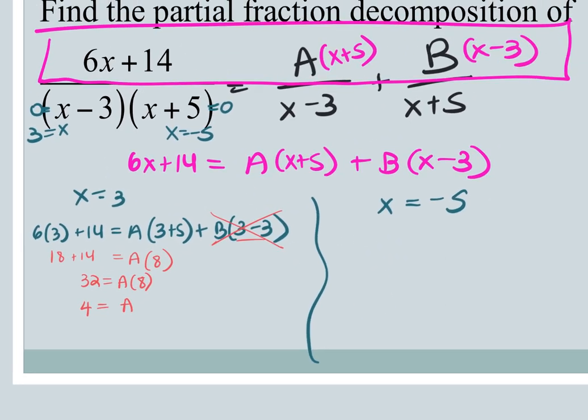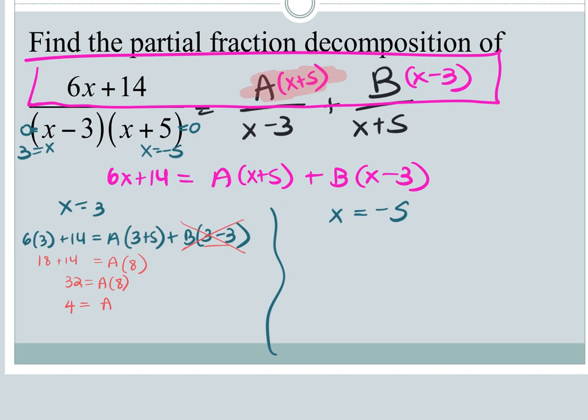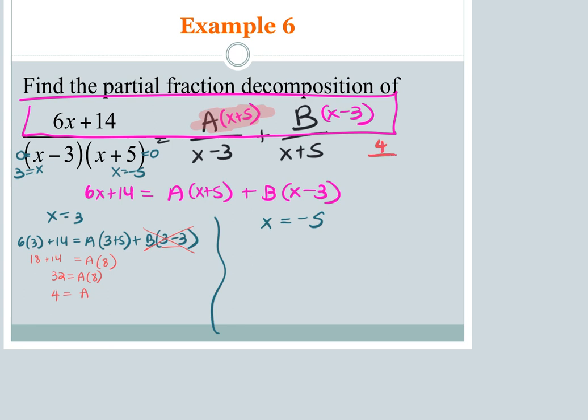Now I'm going to go back to my original. And where I had my A, I'm going to make it 4. Then I'm going to repeat that with x being negative 5. 6 times negative 5 plus 14 equals A times negative 5 plus 5 plus B times negative 5 minus 3.